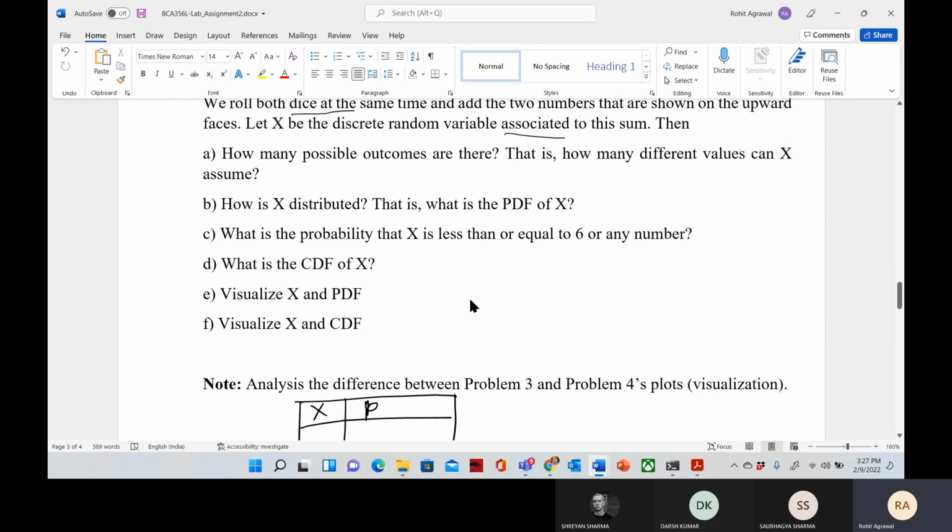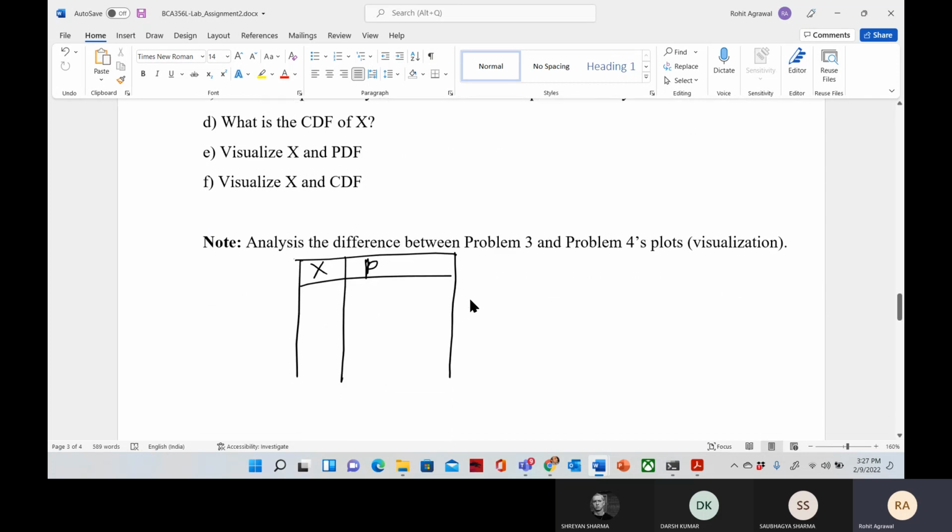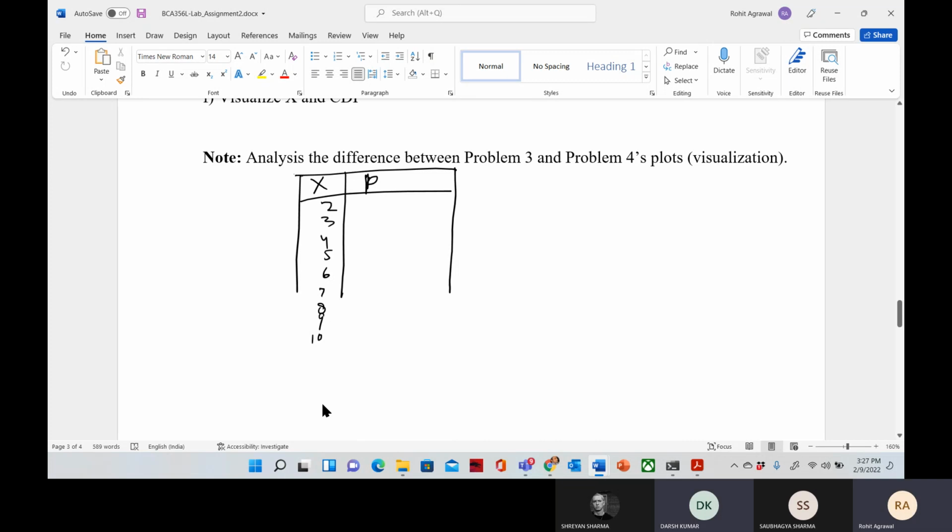X will be the discrete random variable associated with the sum of the two dice. What will be the values of X? It can be 2, 3, 4, 5, 6, 7, 8, 9, 10, 11, 12. Okay, fine. Now tell me the probability here.